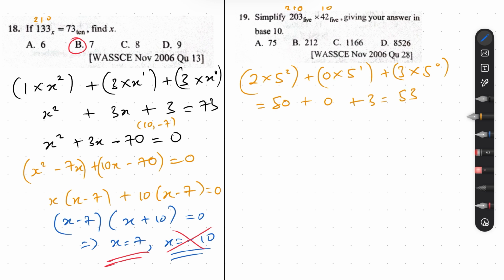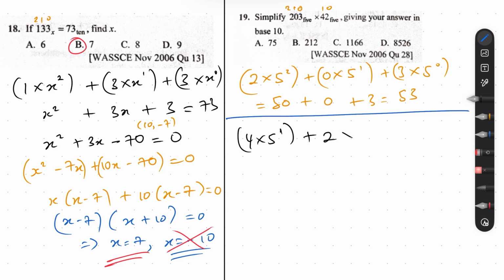Now we do the same thing for 42 base 5. That will give us 4 times 5 exponent 1 plus 2 times 5 exponent 0.